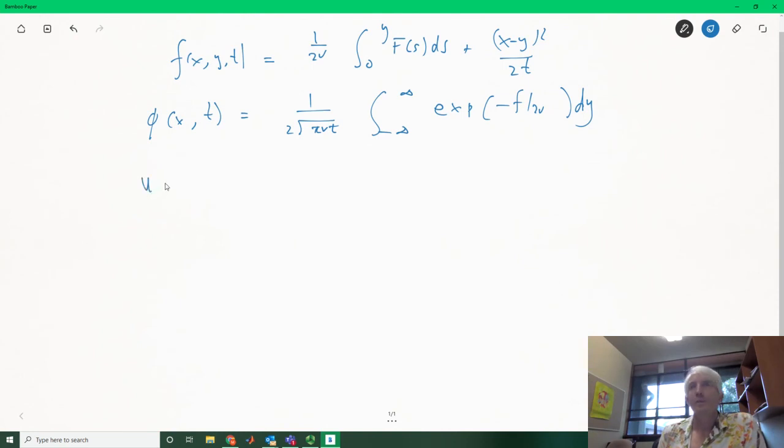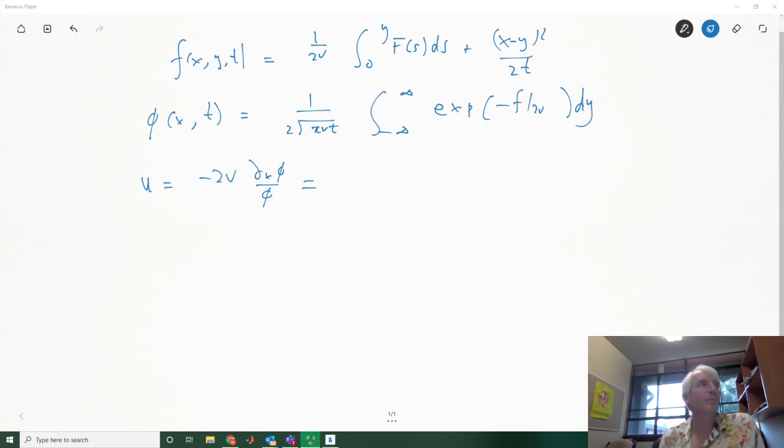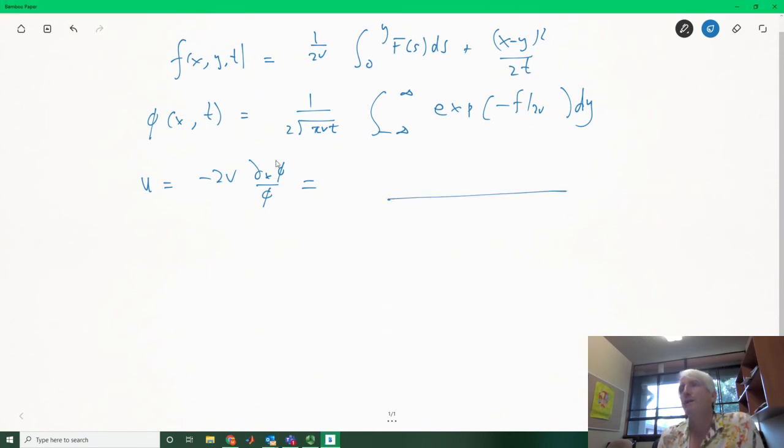And then u is equal to minus 2 nu dx phi over phi. Taking the x derivative of this function f, the only place x appears is in the x minus y squared term, so the 2 cancels with the 2 and we get x minus y over t. There's a bit of cancellation because the prefactor appears out the front of both of these.